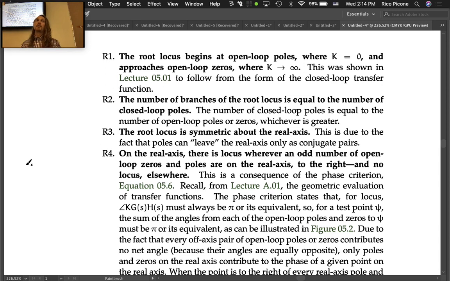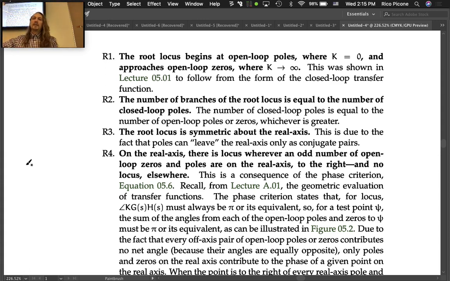Remember, let's pretend that maybe one of you forgot what the root locus was since Monday. It's the plot of all the possible locations of closed loop poles if you've got a gain as your controller. So as you vary that gain, you see where all of the closed loop pole locations might be.